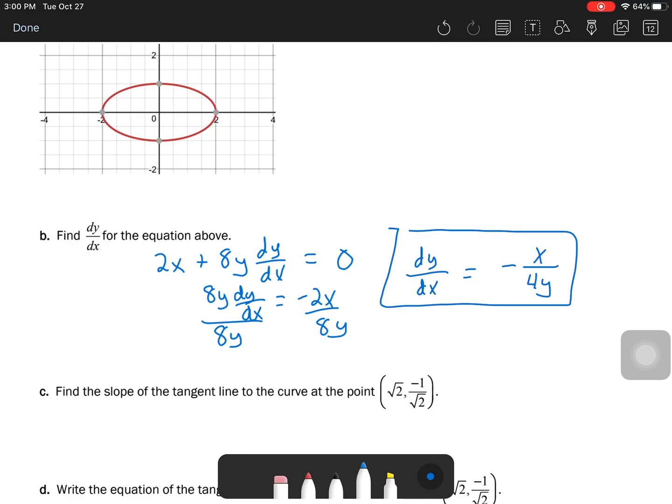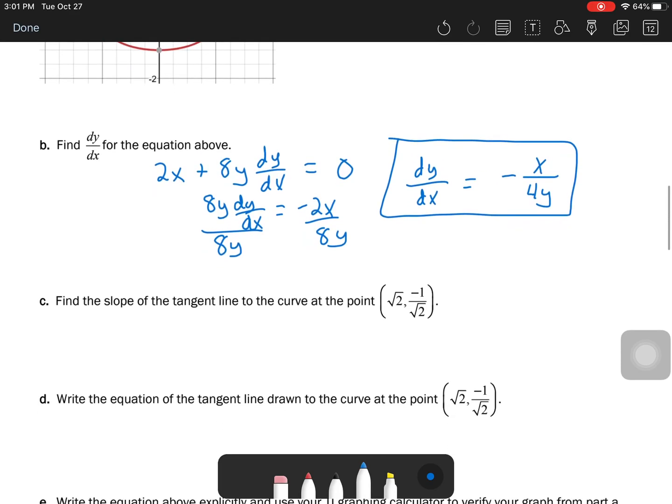And so the next thing it asks us to do is to find the slope of the tangent line to the curve at the point square root of 2 and negative 1 over square root of 2. So the slope of the tangent line basically means we're going to actually find the equation of the tangent line, so we need the slope, and then they give us the point, right? So the first thing is just to plug this in.